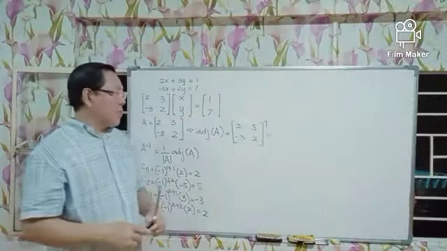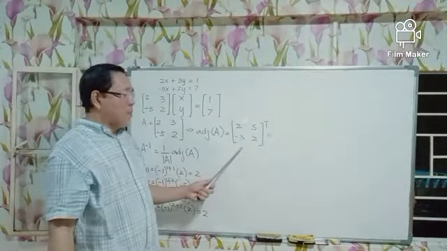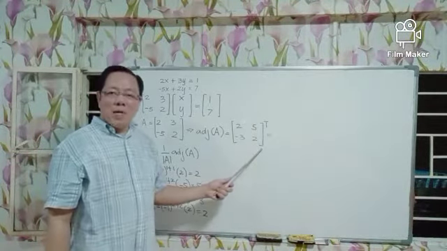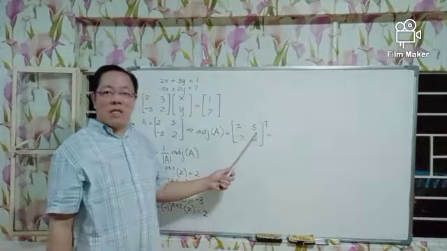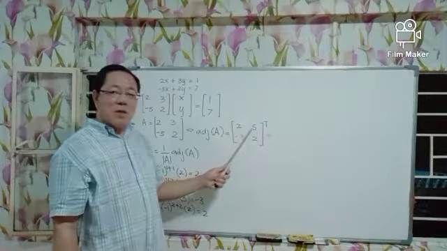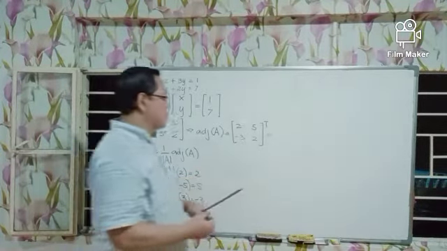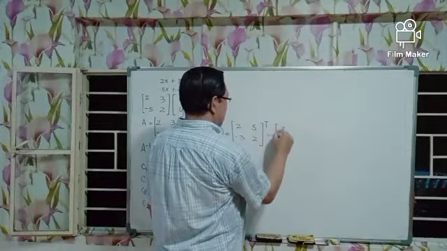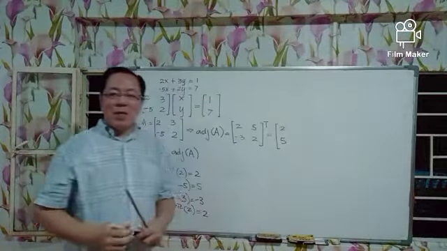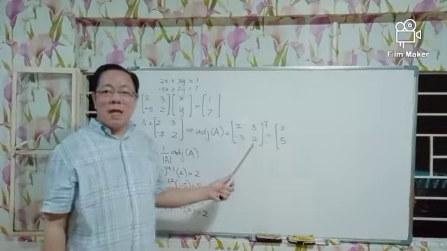Hence, the adjoint of A is the transpose of this matrix, and we get the transpose of this matrix by writing the row as a column. We write the first row as the first column, and we write the second row as second column.